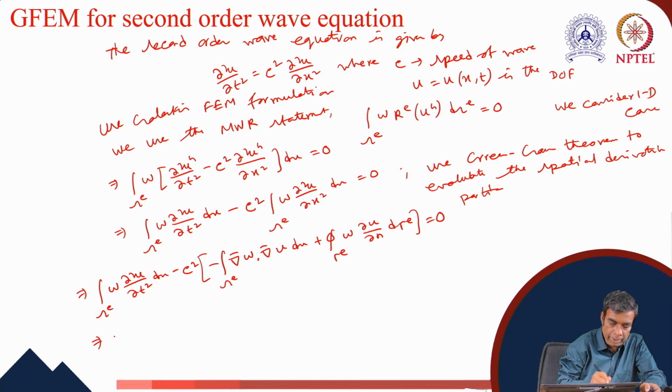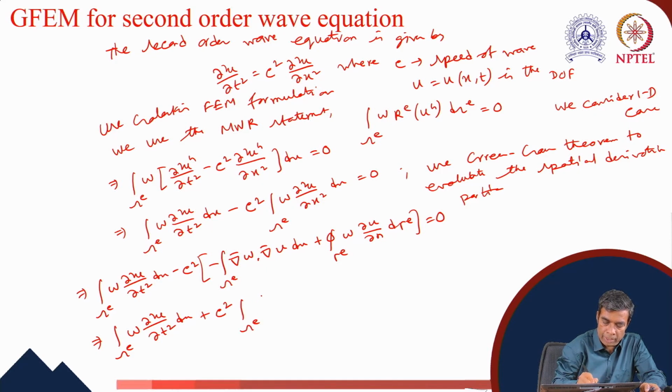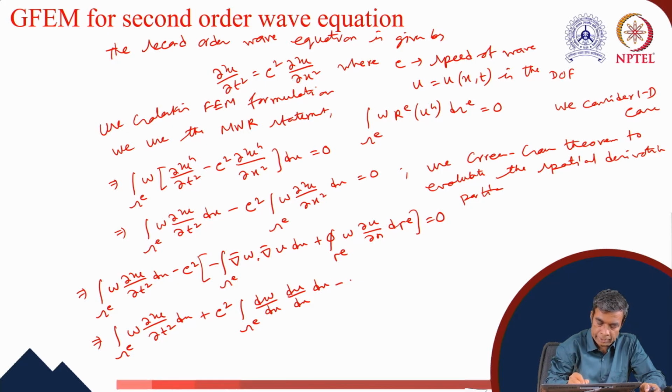We can simplify this expression as integration over Ωe of w ∂²u/∂t² dx plus c² integration over Ωe of dw/dx du/dx dx minus c² integration over Γe of w ∂u/∂n dΓe.